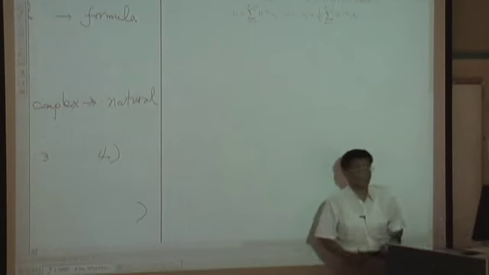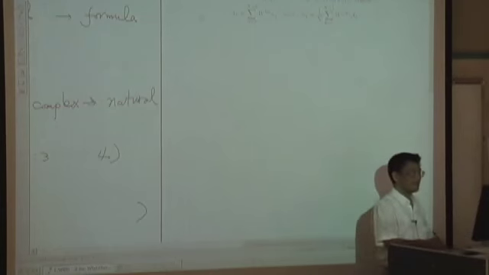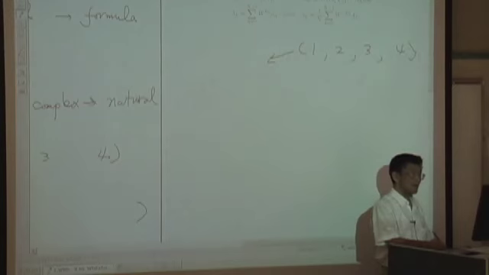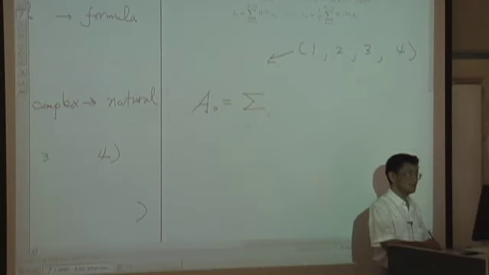Take a look. This is the case. So I will use this thing. For instance, assume the 1, 2, 3, 4 signal is given. Then we will get spectrum. So I will calculate A0. A0 equals sum of these things from 0 to 3.